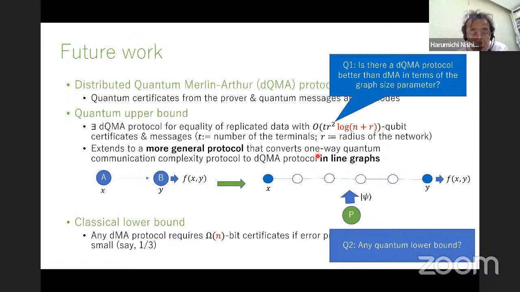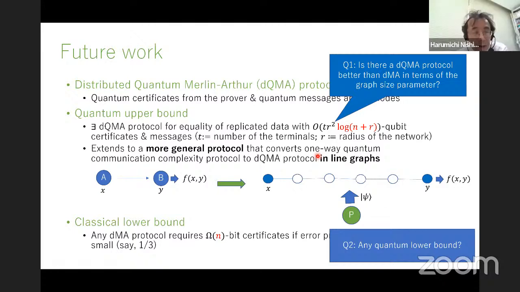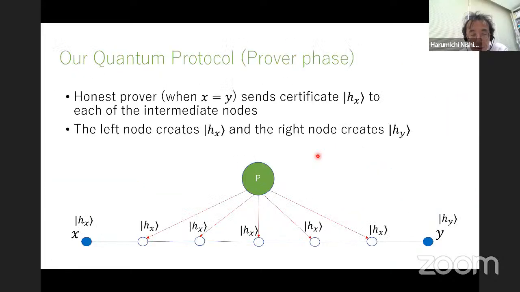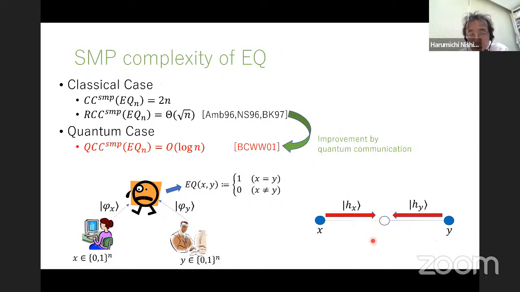The quantum case has an efficient protocol, but maybe the classical case does not, where efficient means a non-trivial, significant improvement. In fact, in the three node case, we have a central node.